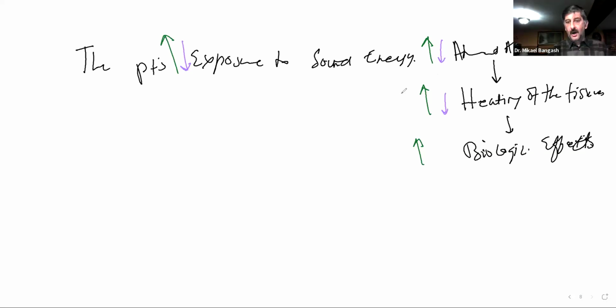That tissue is going to warm up more, and there will be, as a general rule of thumb, a greater likelihood of biologic effects or bioeffects to develop. And likewise on the other hand. Any questions?